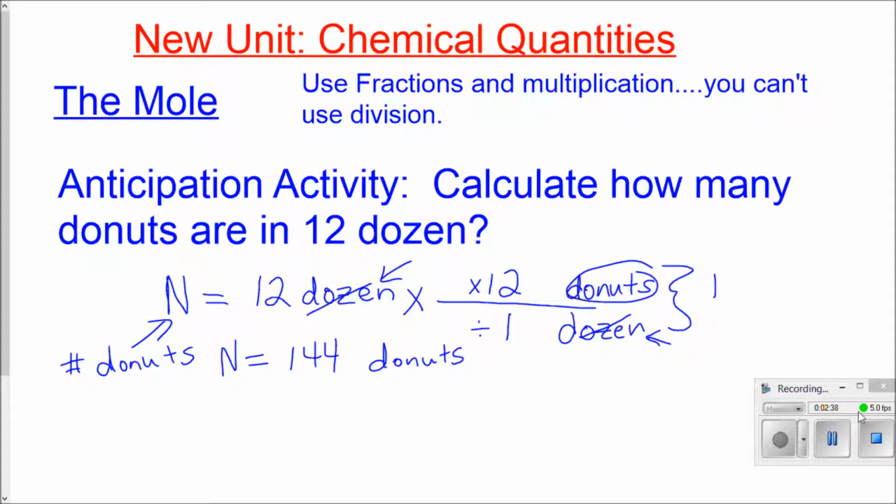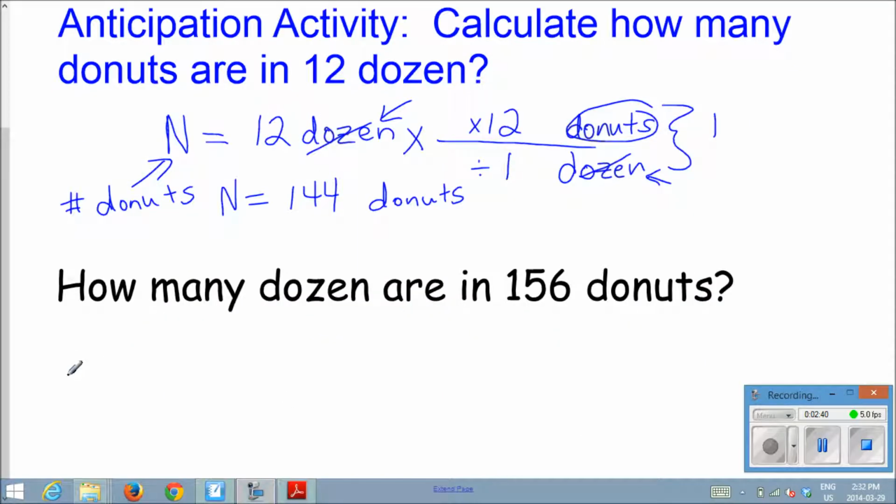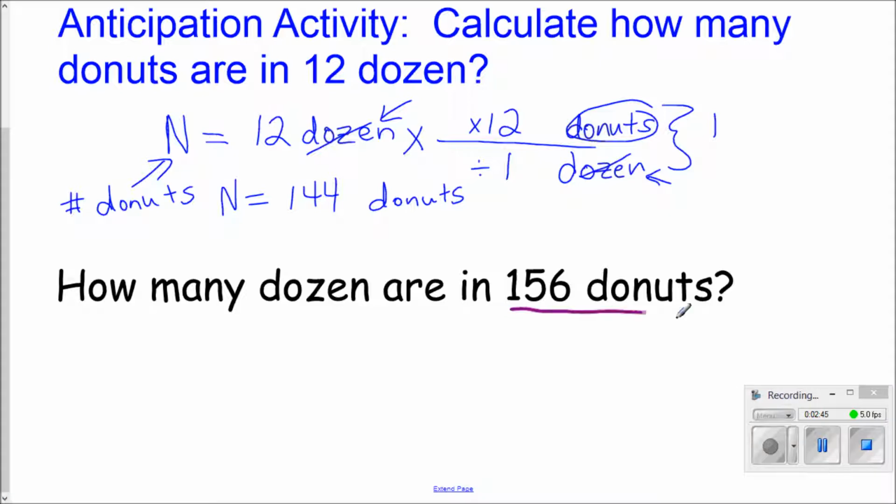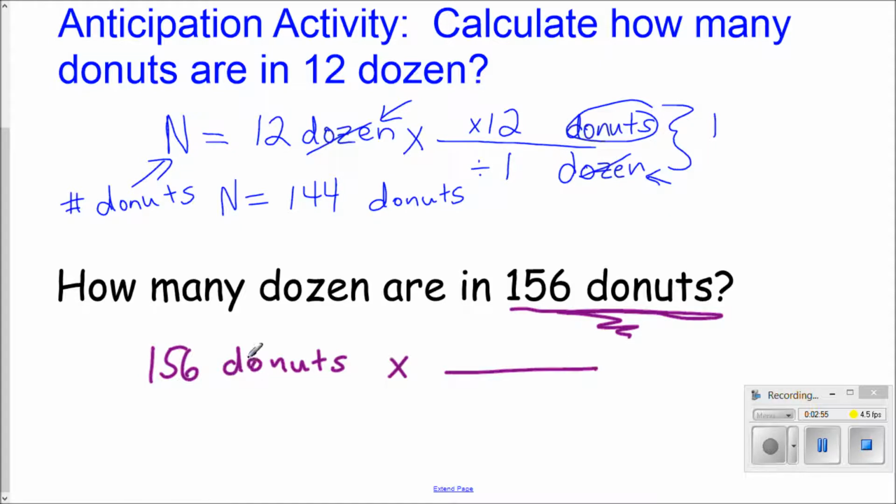Let's see if we can try another one really quickly. Let's look at this next question. It says, how many dozen are in 156 donuts? To answer that question, we take our number, 156 donuts, and multiply by a fraction. We want to get rid of the units donuts, so we put them on the bottom, and it says how many dozen, so we want dozen on the top.